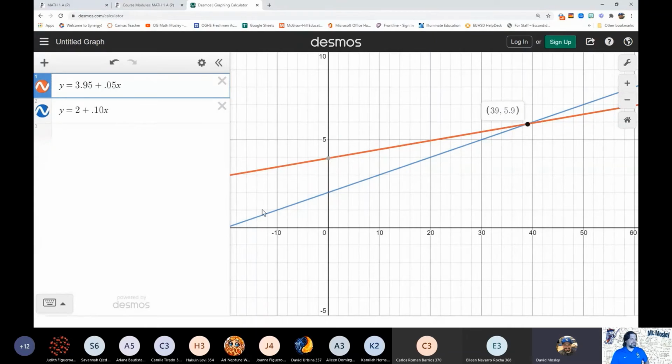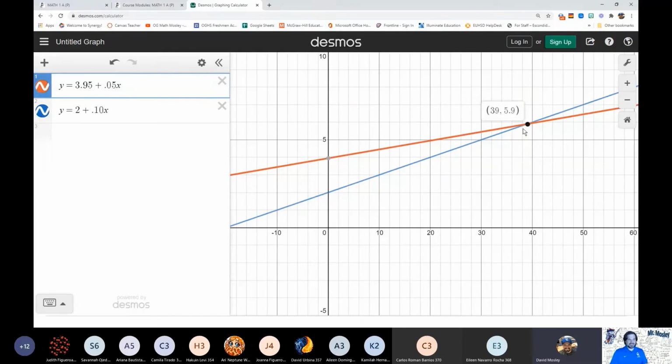Now the blue line represents Gamers World. I'm sorry, digital domain, 10 cents per minute. The red line is Gamers World. So essentially what this means is up until we hit 39 minutes, the digital domain is cheaper.